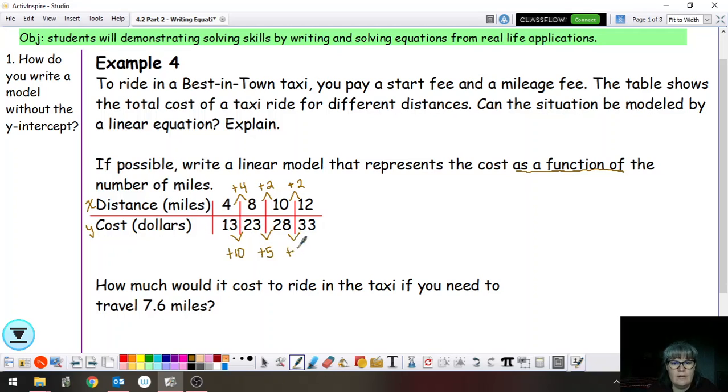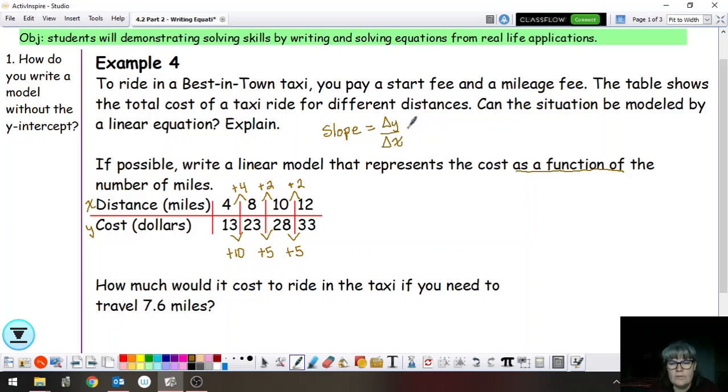So if we think about rate of change, that's our slope. And slope, and I'm actually going to put this up higher so I have this space for other work, slope is the change in y over the change in x.